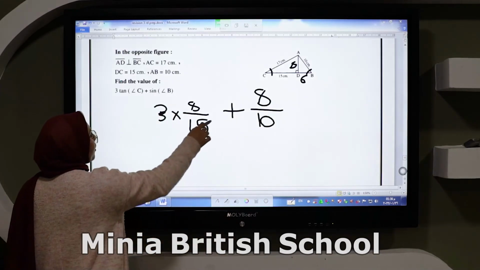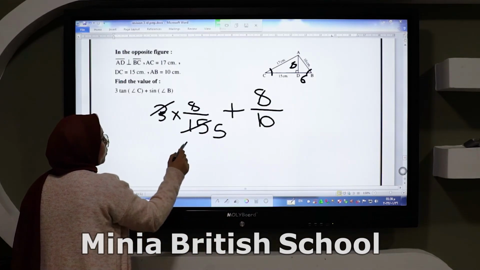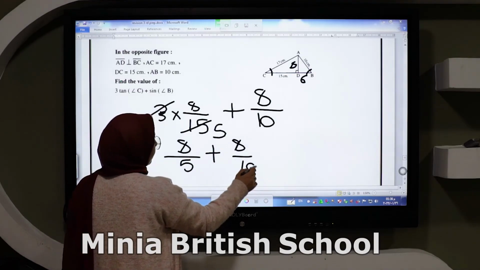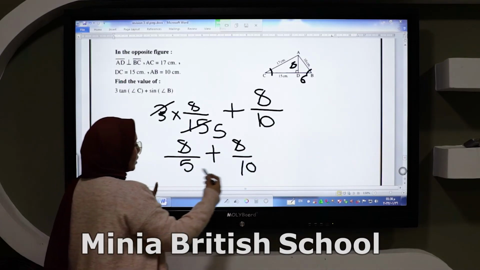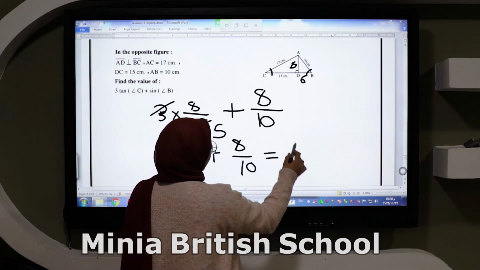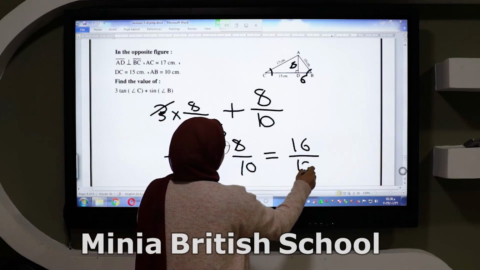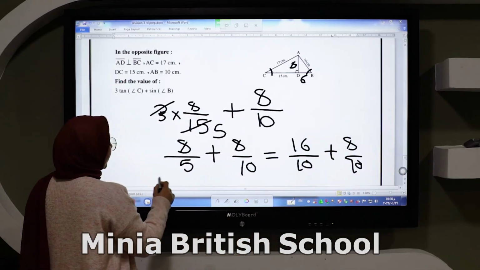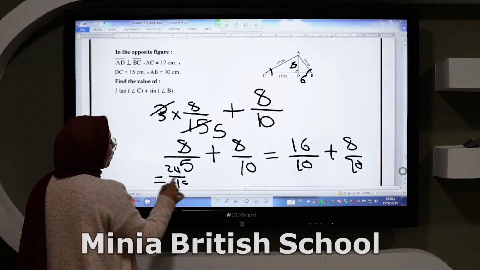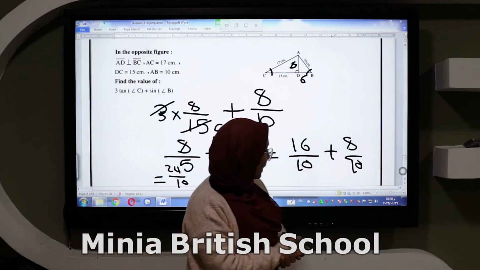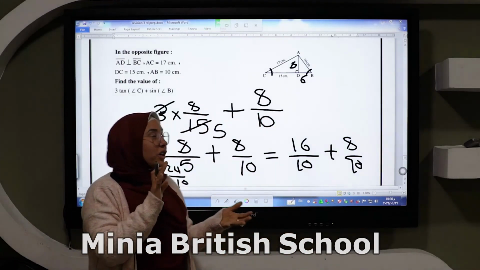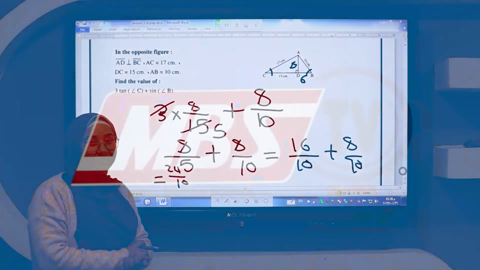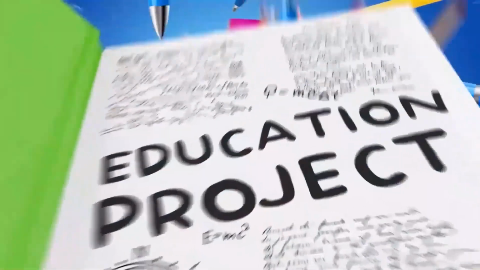You can simplify it, and we get this value equal 24 over 10. Okay, I wish you get a full mark in this exam. Good luck.